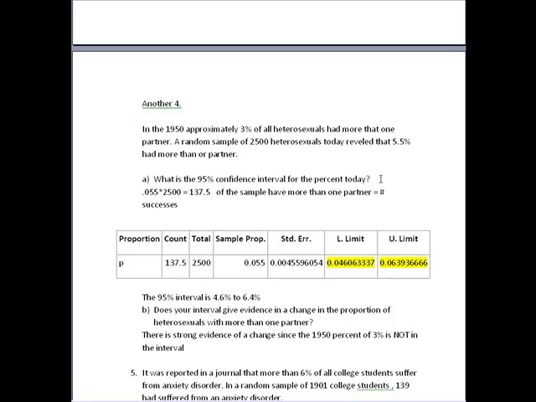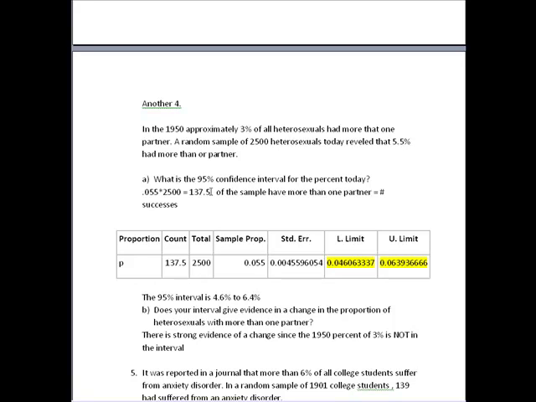Now, if we want to use StatCrunch, it's not going to ask us for the percent, 5.5% that had more than one partner, but the number in the sample that had more than one partner. So of the 2,500 people surveyed, 5.5% converted to a decimal yields 137.5 people.